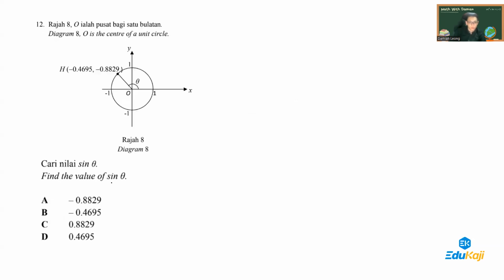Question 12, find sine theta. So ASTC, second quadrant is still positive. So sine theta is, I use SOHCAHTOA, opposite over hypotenuse. Opposite here means the y value, the height.